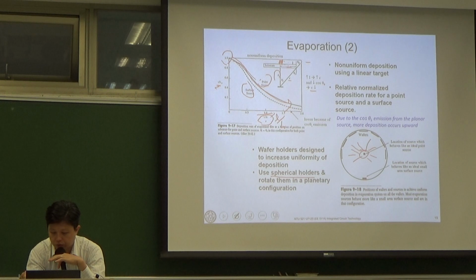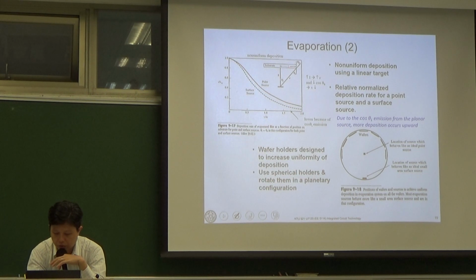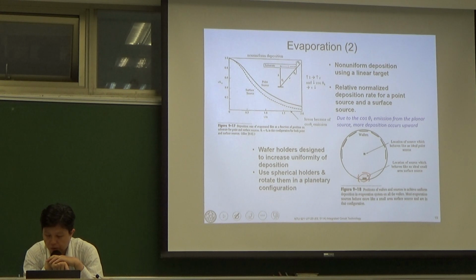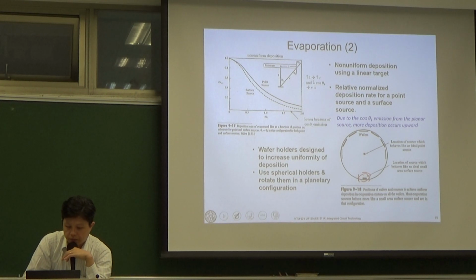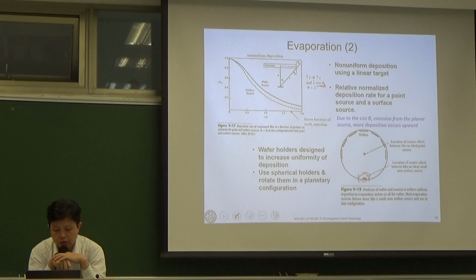These depositions. Okay, but for the small area source, which is the more practical case, we can put our metals or evaporation source here. And this is because we have this cosine dependence.